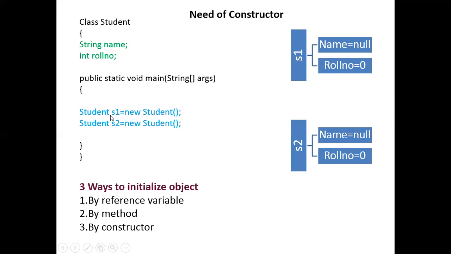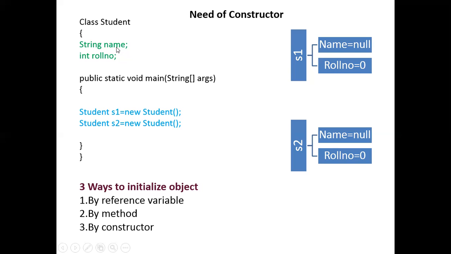When we create an object of this class, memory is allocated for S1, and a copy of these two instance variables, name and roll number, is created with reference to this object.